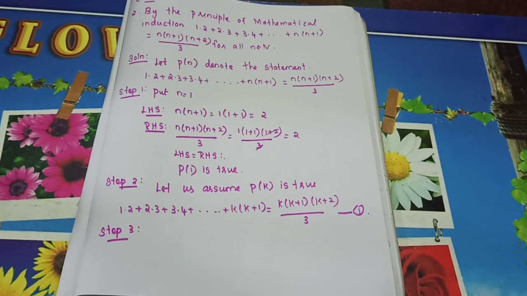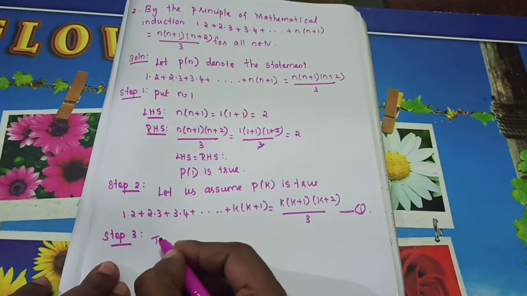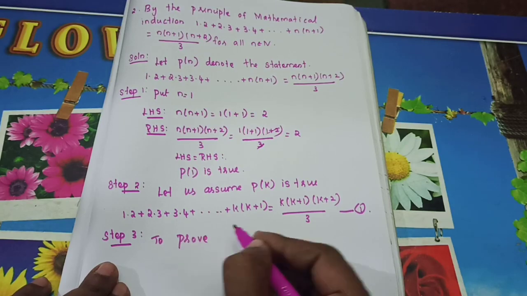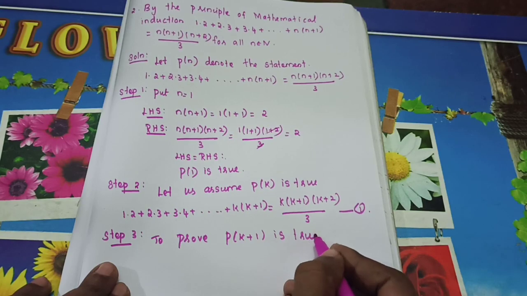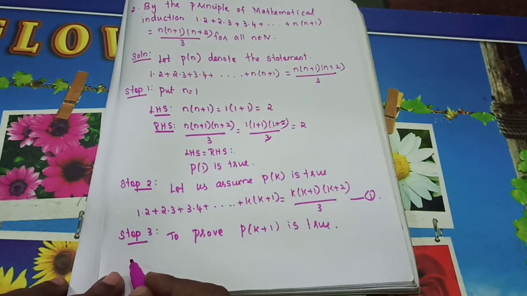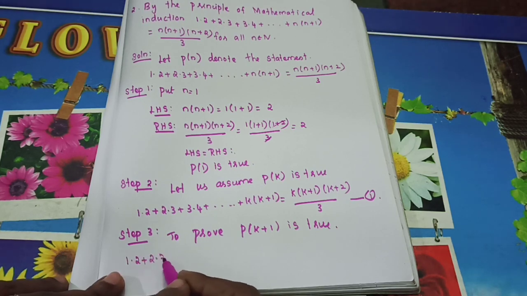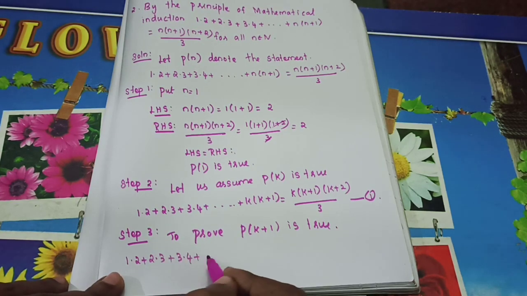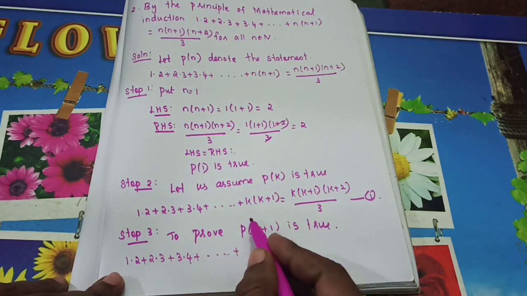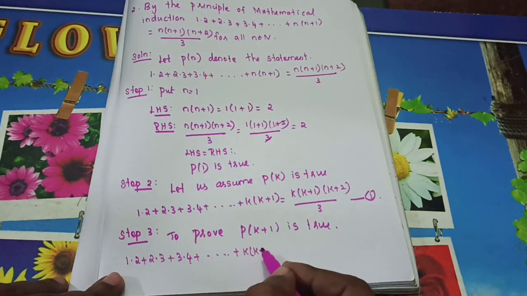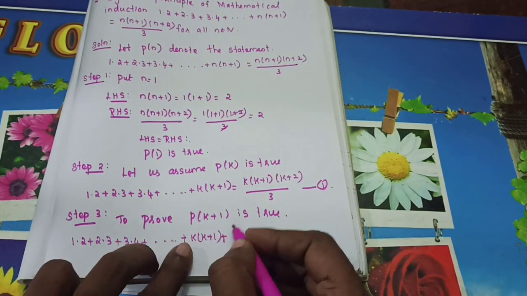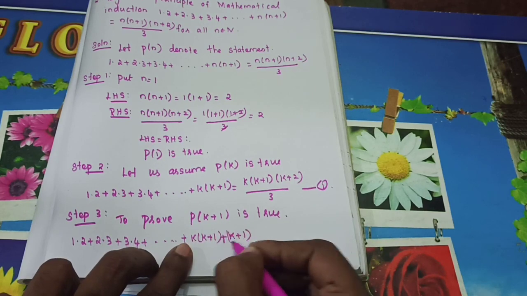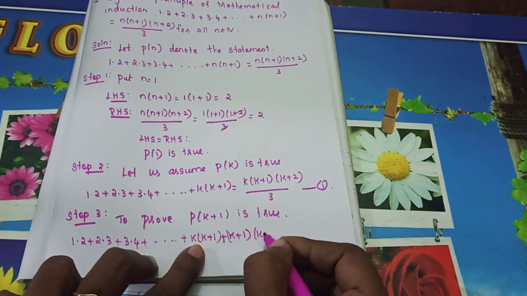That's step 3. So third step, what will you do to prove P(k+1) is true? In the place of k, you need to substitute this k+1. So you want to be very careful here. 1 into 2 plus 2 into 3 plus 3 into 4 plus etcetera plus, this is the previous term, next means k+1, so (k+1) into (k+1+1), so k+2.